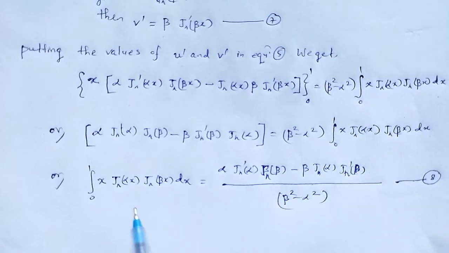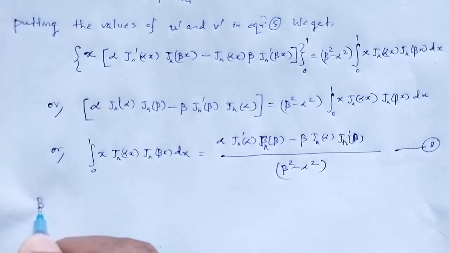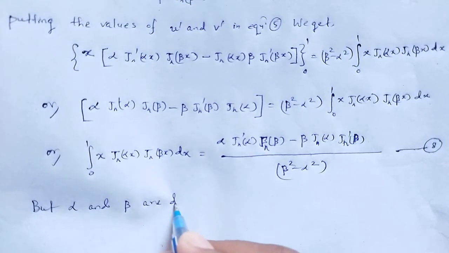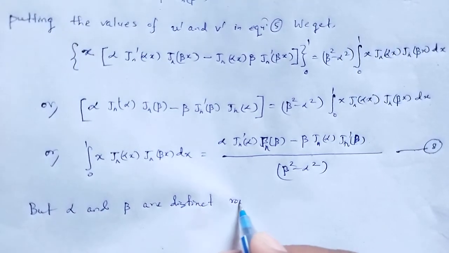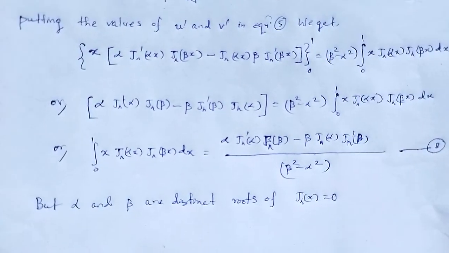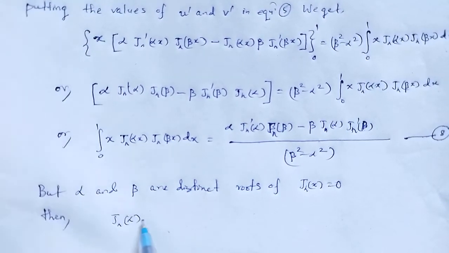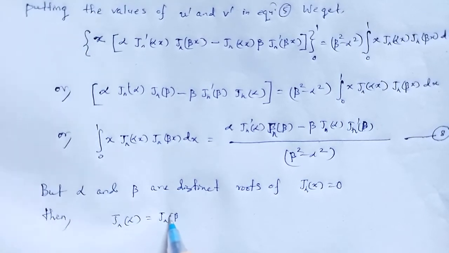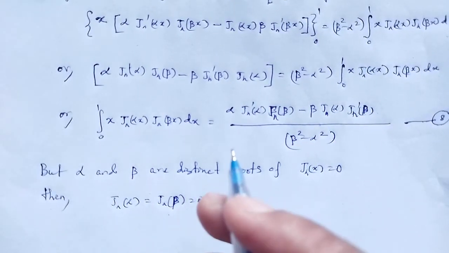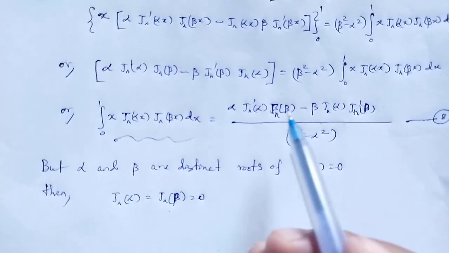Equation number 8. But alpha and beta are distinct roots of Jn of x is equal to 0. Then Jn of alpha is equal to Jn of beta is equal to 0. Therefore, putting these values in that equation, the right side changes to 0.